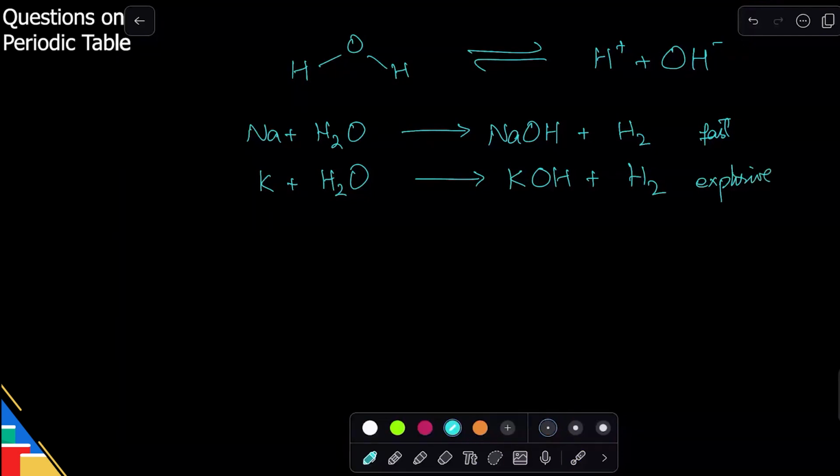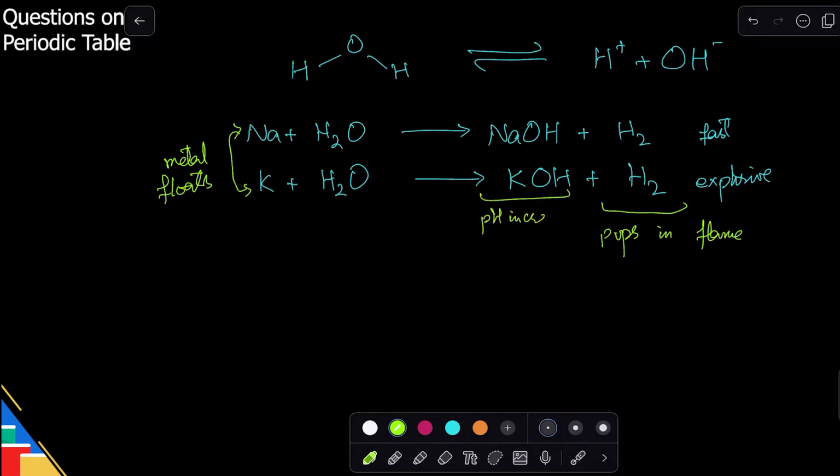Secondly, metal floats on water. Thirdly, hydrogen will burn, so it will pop in a flame. And fourthly, pH increases. All of these things are telling us something about the reaction. What is this telling?